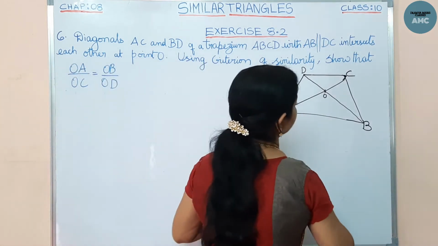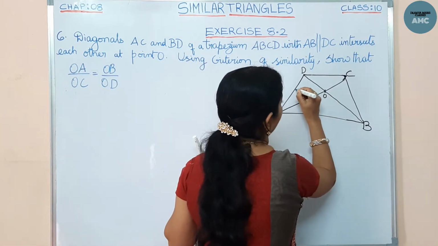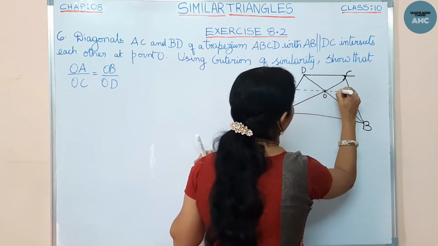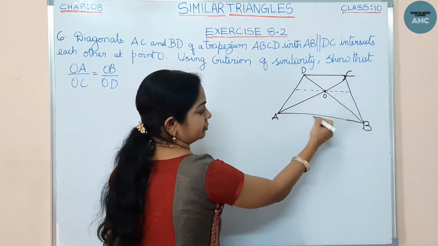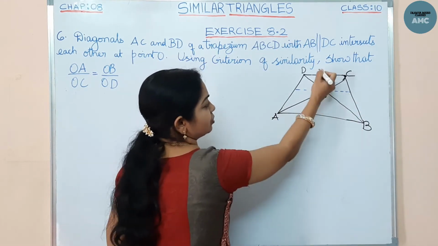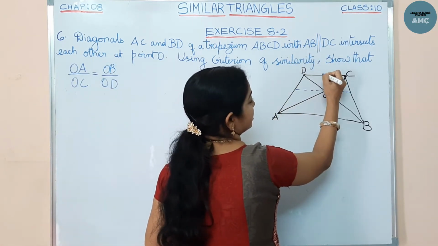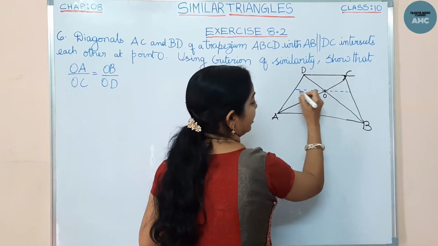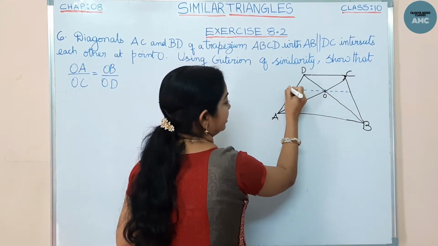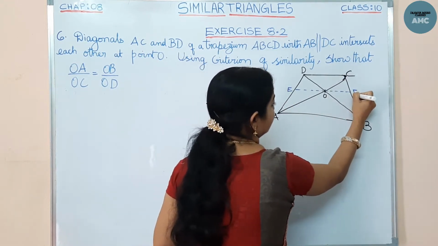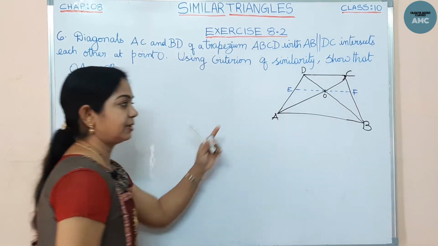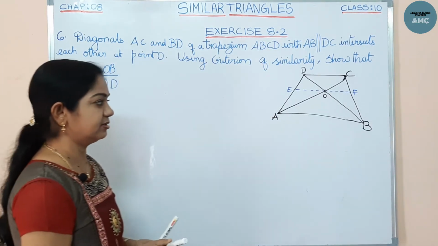From this point of intersection, I will draw a straight line parallel to side AB. Given AB is parallel to DC, these two are parallel. Another line I am joining here, let it be EF, passing through O. That is the construction I have made.